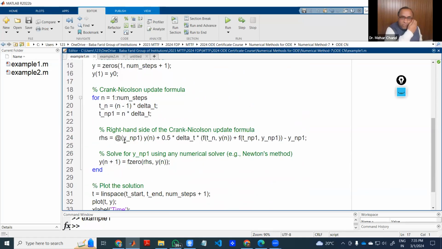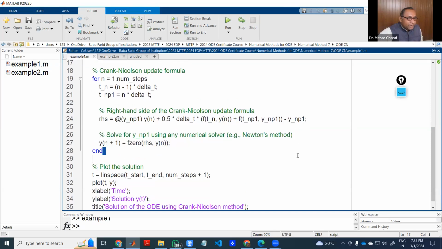So if all of you are able to convert every method which we discussed from the beginning till now into iteration format, because we need to apply an iterative approach in MATLAB, then you can easily convert every equation into MATLAB syntax.